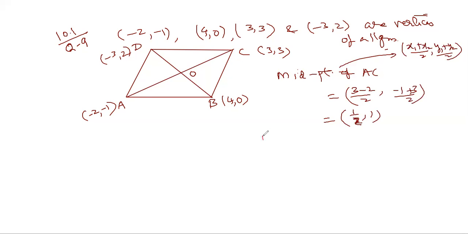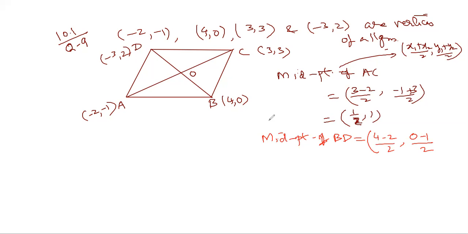Then find the midpoint of BD. The midpoint of BD is 4 minus 2 by 2 and 0, 4 plus 1, so 4 minus 3 by 2.